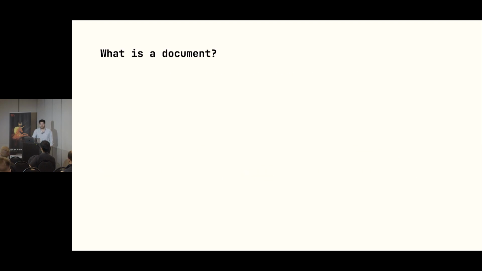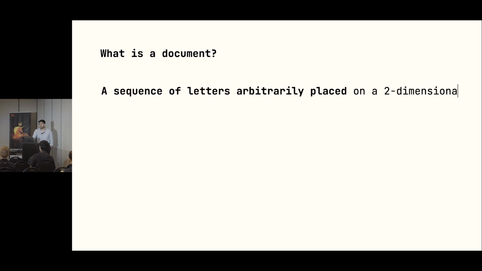So let's start from the basics and talk about what a document is. One very simple definition that we could start with would be a sequence of letters arbitrarily placed on a two-dimensional space. But that would be quite wrong, right? There is nothing arbitrary about how and what we place on a document.